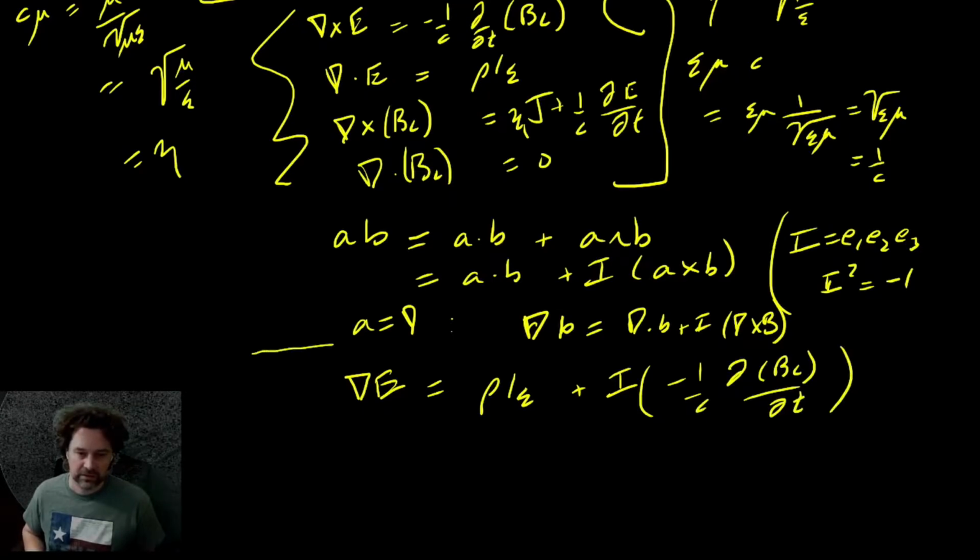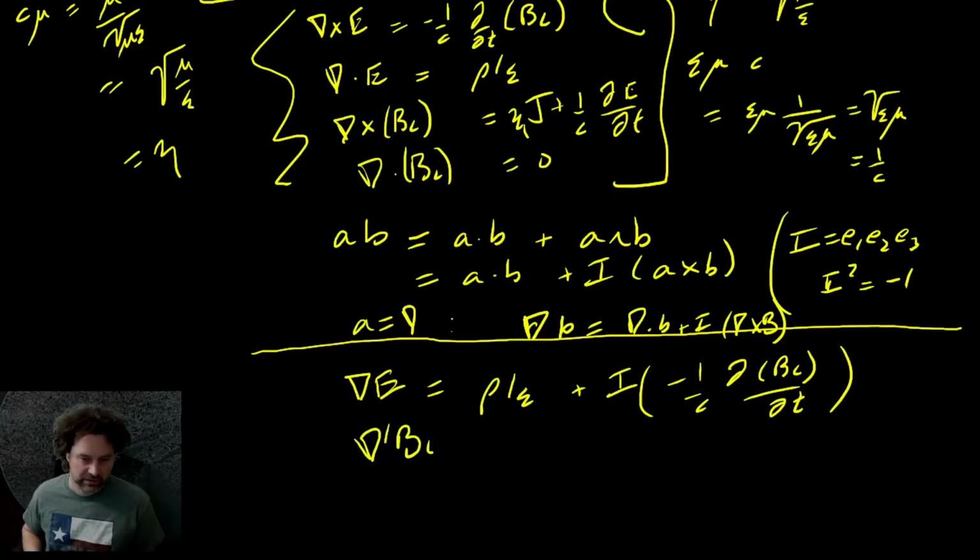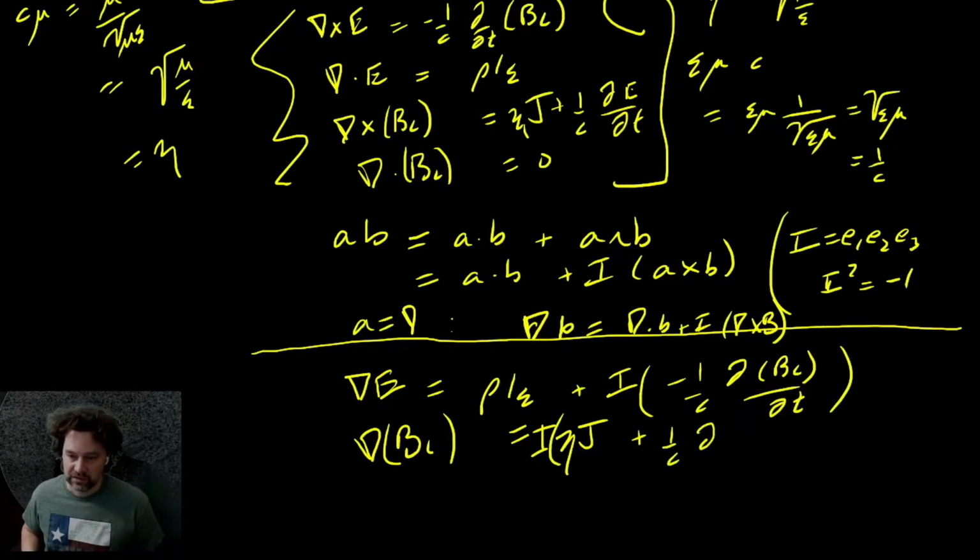Now we have grad BC is I times eta j plus 1 over C dE dt.